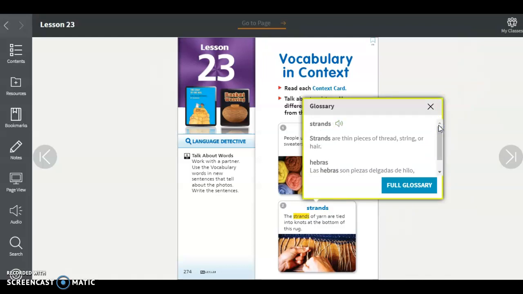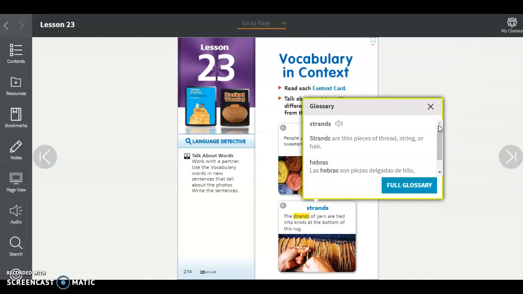So strands are thin pieces of thread, string, or hair. Look around you. Do you see any strands? Maybe there's strands on your body. I know Mrs. Aisha has some jeans that have strands of thread that hang out by the knee. Maybe you have jeans that have strands of thin pieces of thread or string that hang off of your clothing.